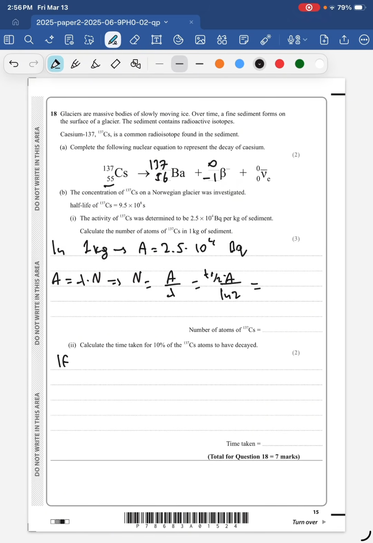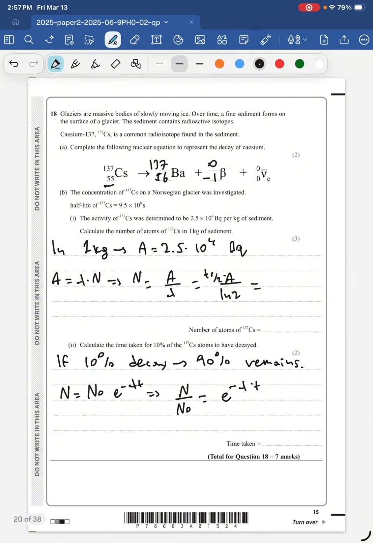Part 2, calculate the time taken for 10% of the cesium-137 atoms to decay. So if 10% decay, 90% remains. I mean, it makes sense, right? This allows us to use N equals N naught e to the minus lambda t. So you can divide N by N naught, and this is equal to e to the minus lambda t.